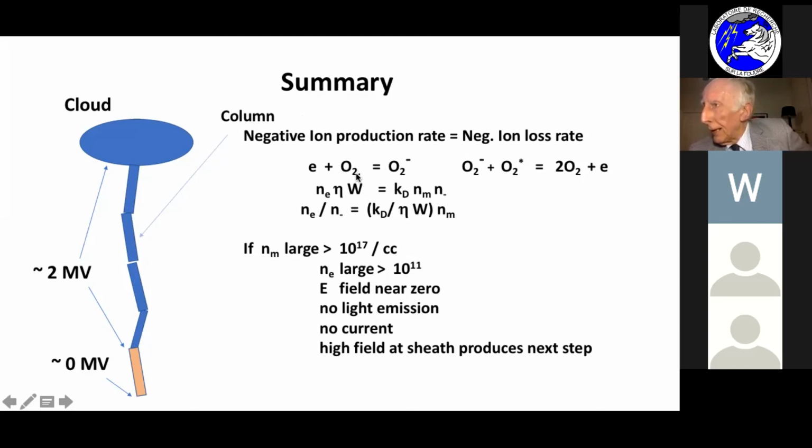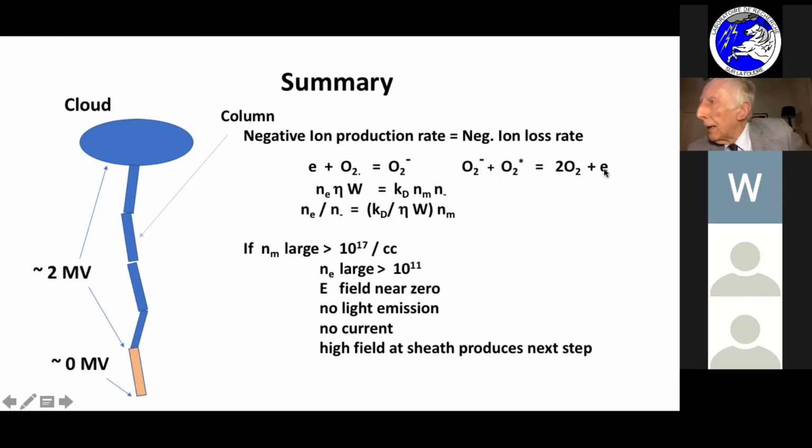Electrons are attaching to form O2 minus, but O2 minus is being destroyed by metastables to produce new electrons. So here's a production rate of negative ions, and here's a destruction rate of negative ions. And these rates are very high and become equal in nanoseconds.